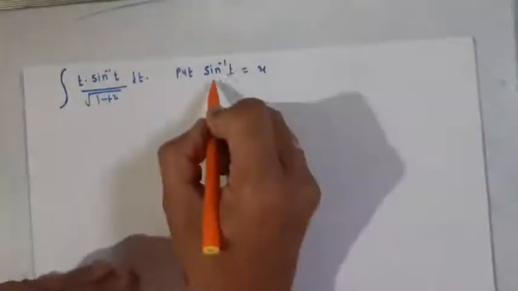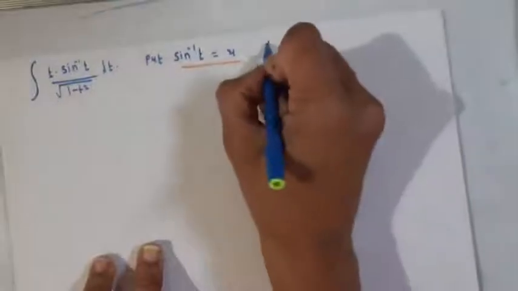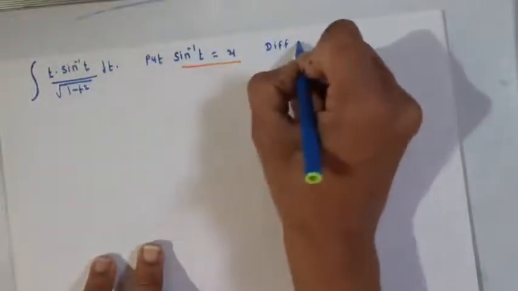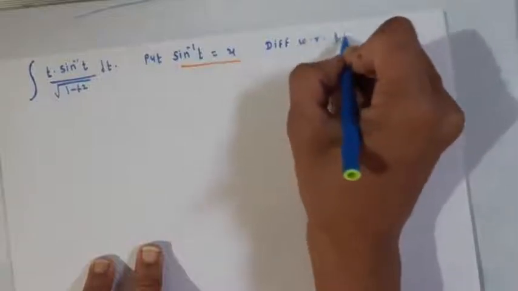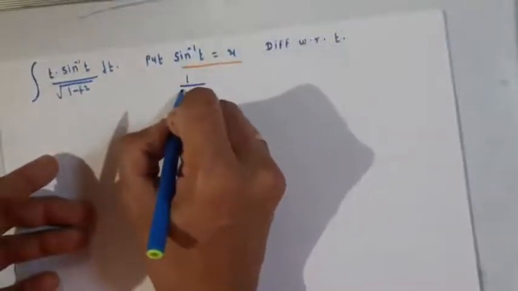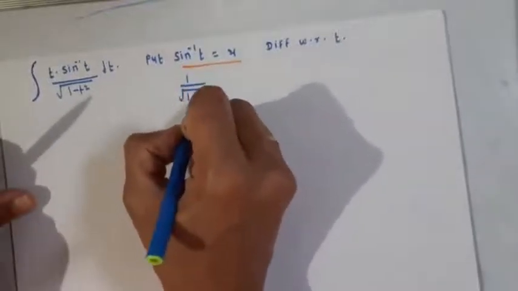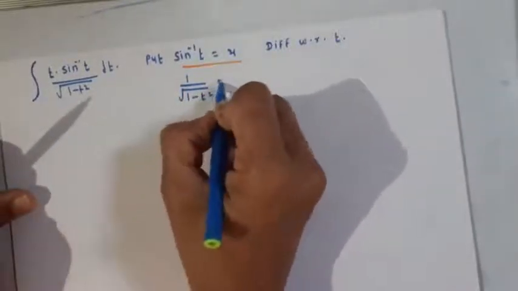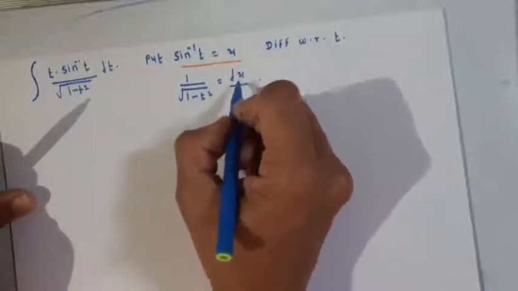Put sine inverse of t equal to x here, and differentiate with respect to t. You will get, differentiation of sine inverse of t is 1 upon square root of 1 minus t square, and differentiation of x with respect to t is dx by dt.